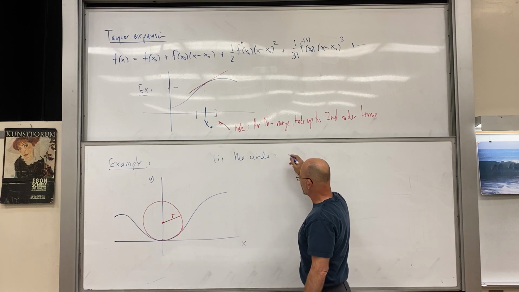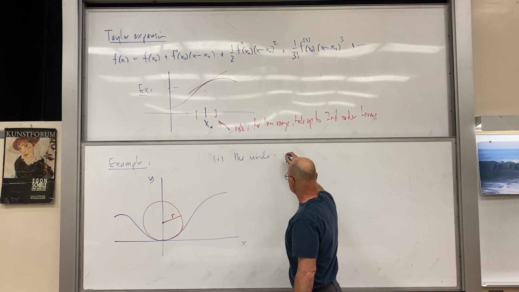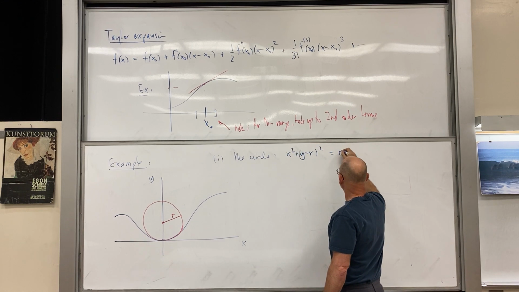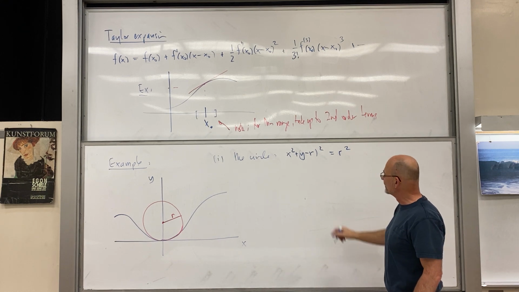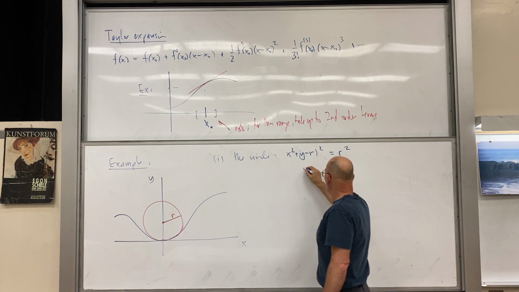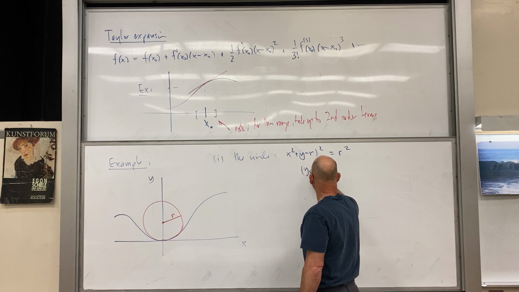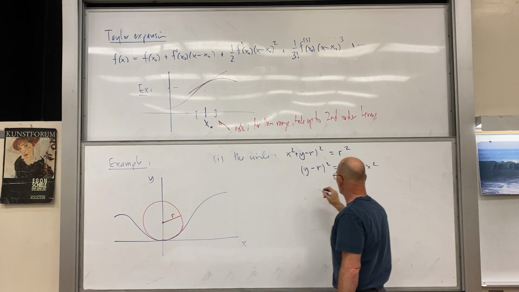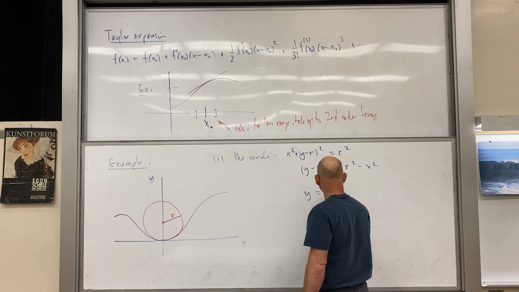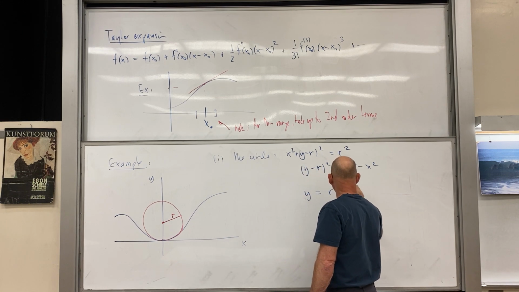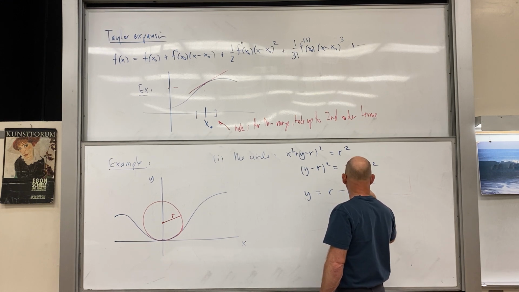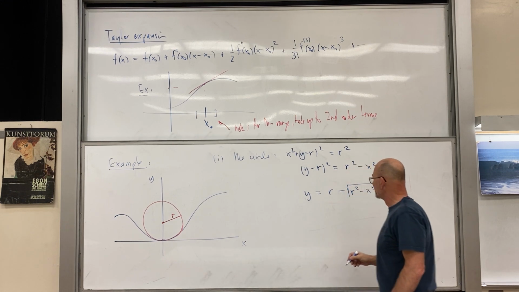And we know that x squared plus (y minus r) squared is equal to r squared. And so we'll just extract (y minus r) squared equals r squared minus x squared. y is equal to r minus root r squared minus x squared.